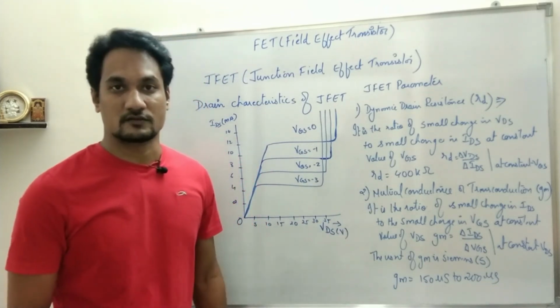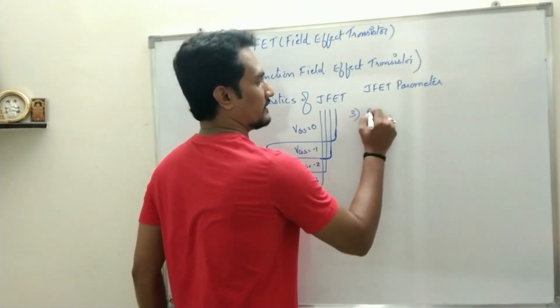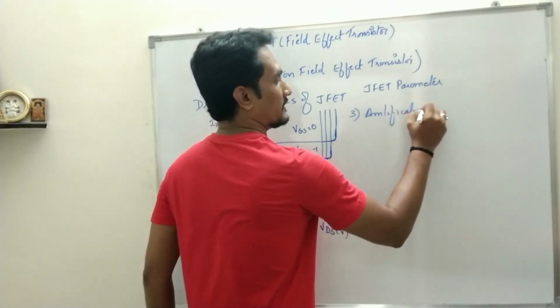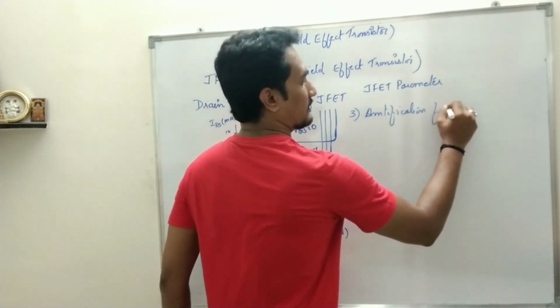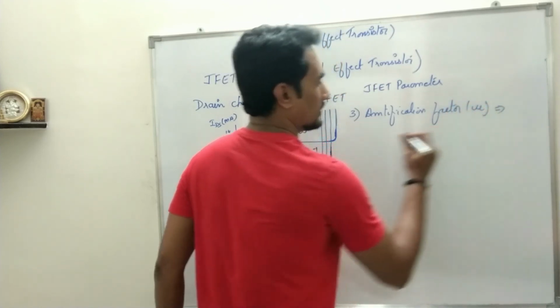I hope you have understood. Now the third JFET parameter is the amplification factor, denoted by mu.